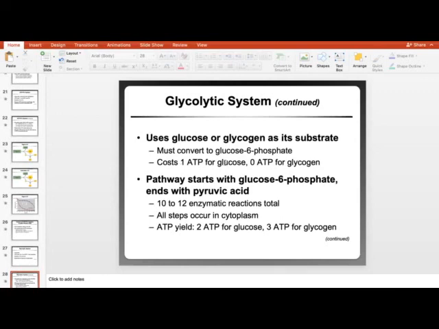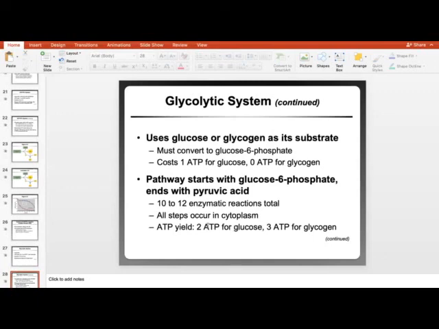There is an energy cost breaking down glucose, but glucose, a 6 carbon molecule, is going to be broken in half through glycolysis, and it's going to end up as a pyruvate, pyruvic acid. Pyruvic acid is a 3 carbon molecule. And the breakdown of glucose into pyruvic acid doesn't happen in the mitochondria, but there are many different enzymes that are required for that to happen. And you're going to make 2 ATP molecules for every glucose molecule.